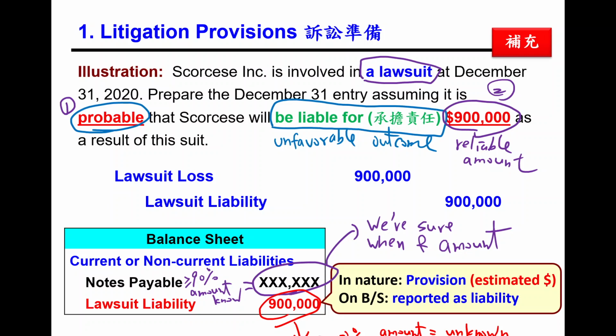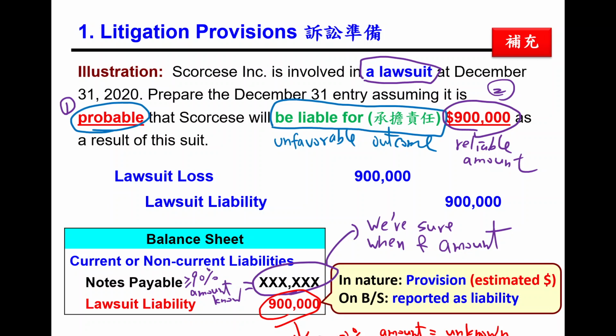So even though we report these two liabilities in the same section, they are not totally the same. For notes payable, I know how much I should pay back to the creditors and I know when.